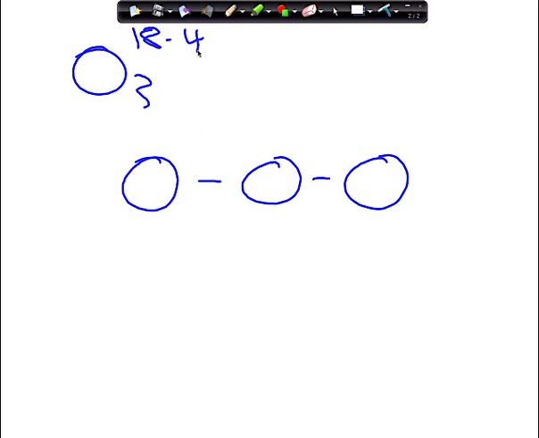We've got 4 on the board, so that leaves us 14. When we spread out these 14 electrons as much as we can, we go 1, 2, 3, 4, 5, 6, 7, 8, 9, 10, 11, 12, 13, 14.